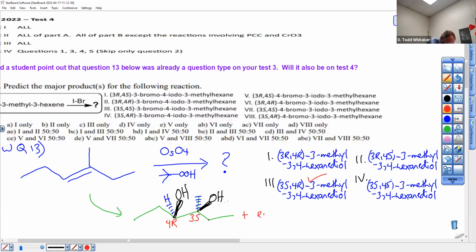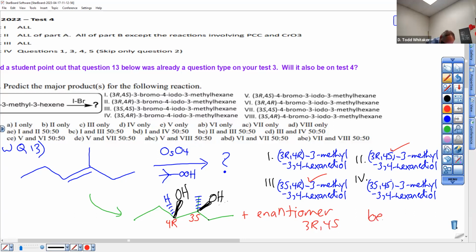Plus the enantiomer, which is 3R, 4S. 3R, 4S. So the choice would be, I'm just going to say 2 and 3. Sure, 2 and 3.